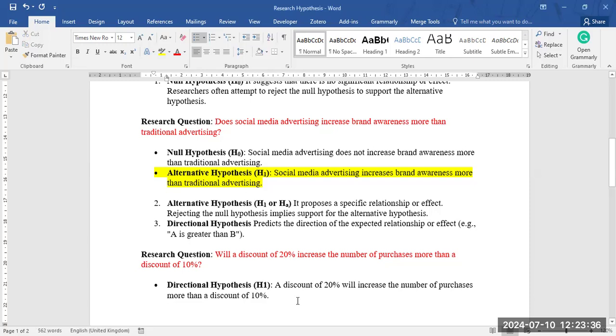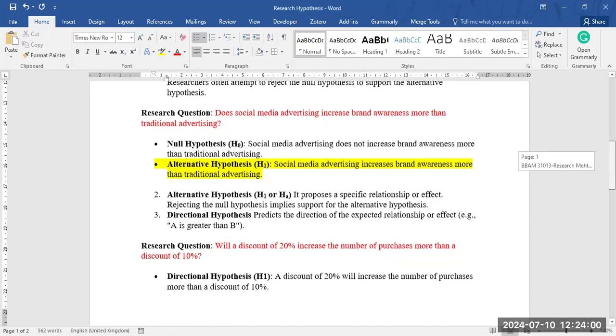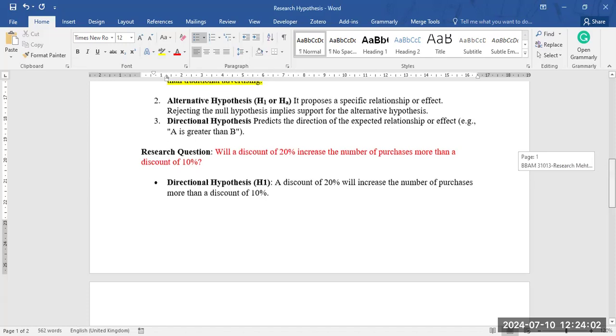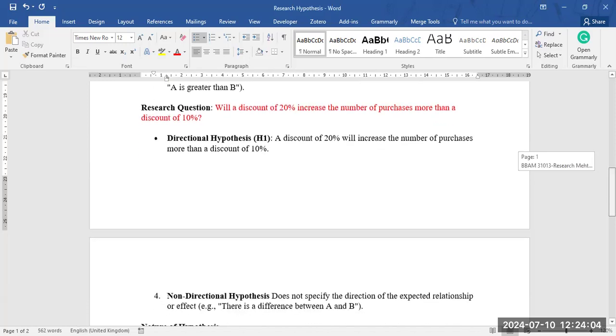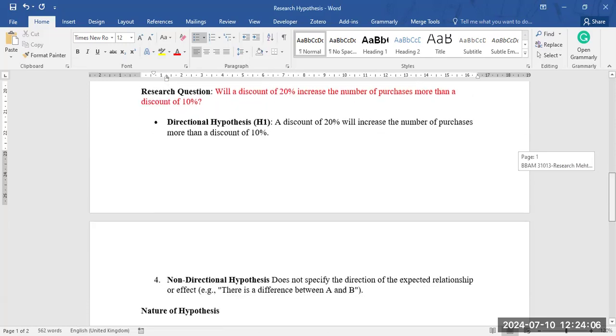So then they can test if purchases definitely increase during the 20% discount compared to the 10% discount campaign, then they can accept the directional hypothesis. That means the 20% discount increases the number of purchases more than the 10% discount. So they can accept this alternative hypothesis and reject the null hypothesis.